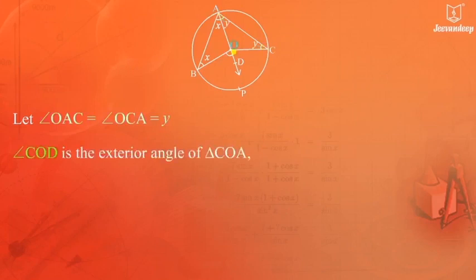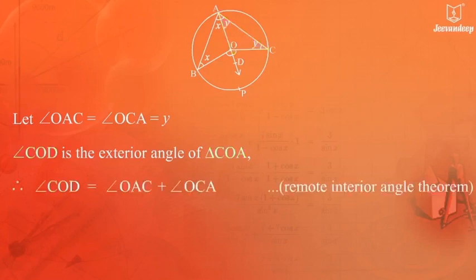As angle COD is the exterior angle of triangle COA, according to remote interior angle theorem, angle COD equals angle OAC plus angle OCA equals y plus y. Therefore, angle COD equals 2y. Equation 2.